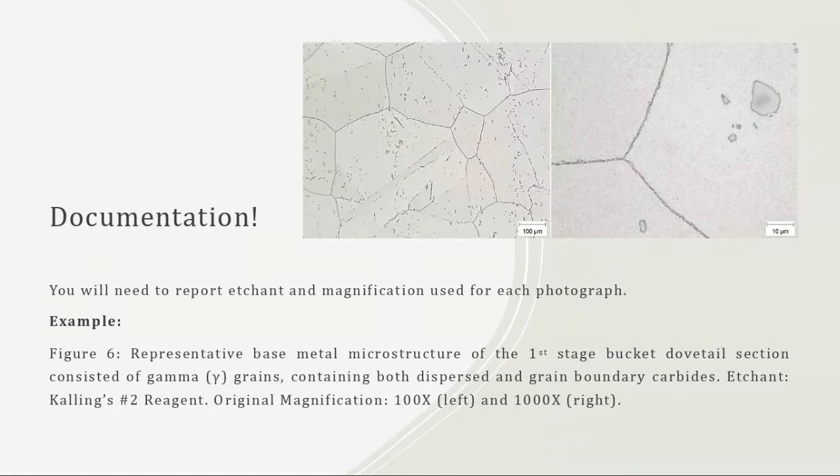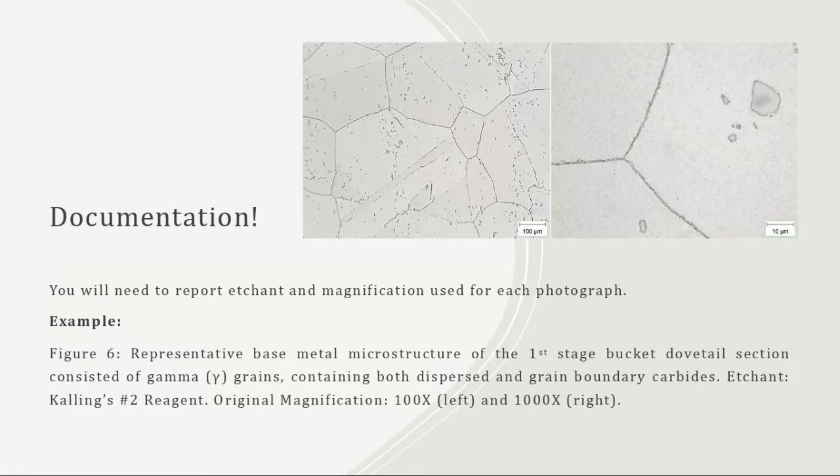The example I've provided is how I typically label my figures within a report. So it shows figure 6, the representative base metal microstructure of the first stage bucket.